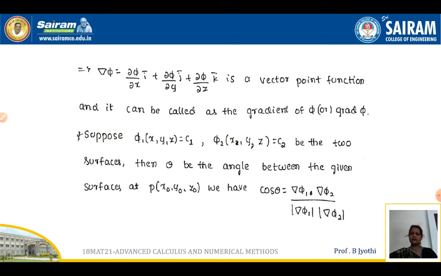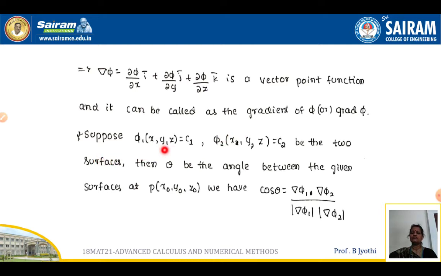That is, del phi is given by dou phi by dou x i plus dou phi by dou y j plus dou phi by dou z k, which is a vector point function, and it can be called the gradient of phi or grad phi.